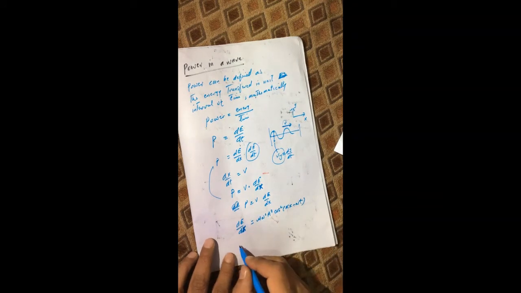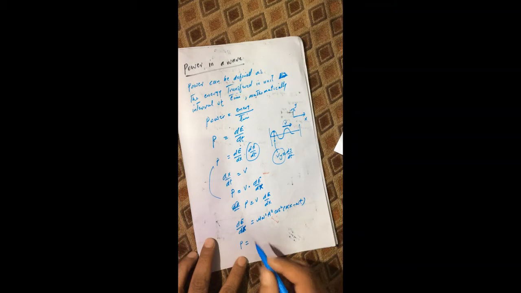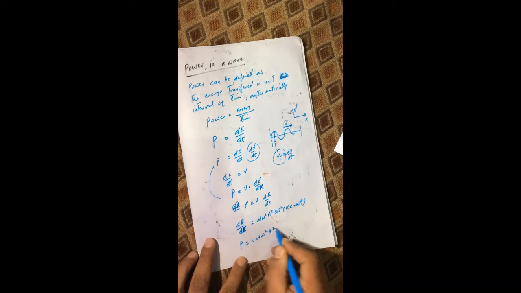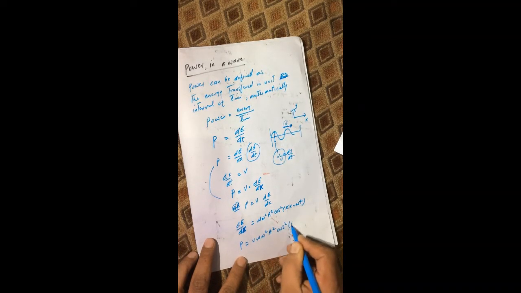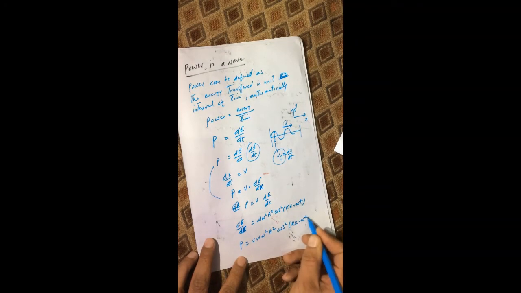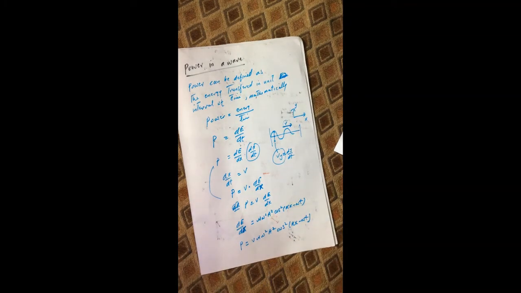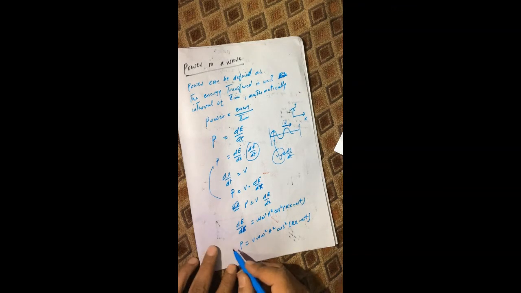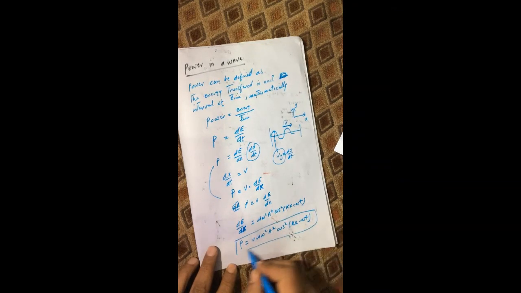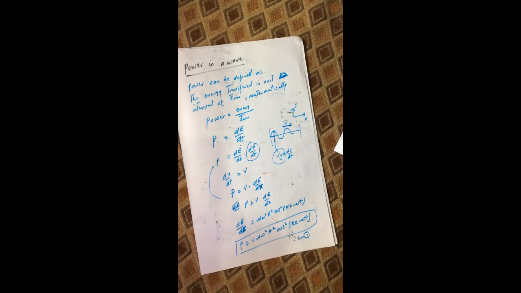So using this in the above equation, we have the power P, which is equal to v times mu omega square a square cos square (kx minus omega t). I call this equation number 1.